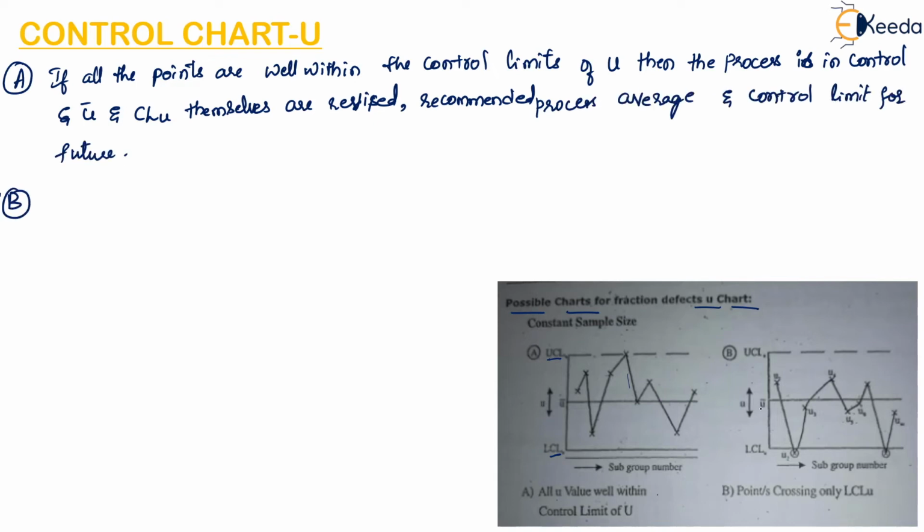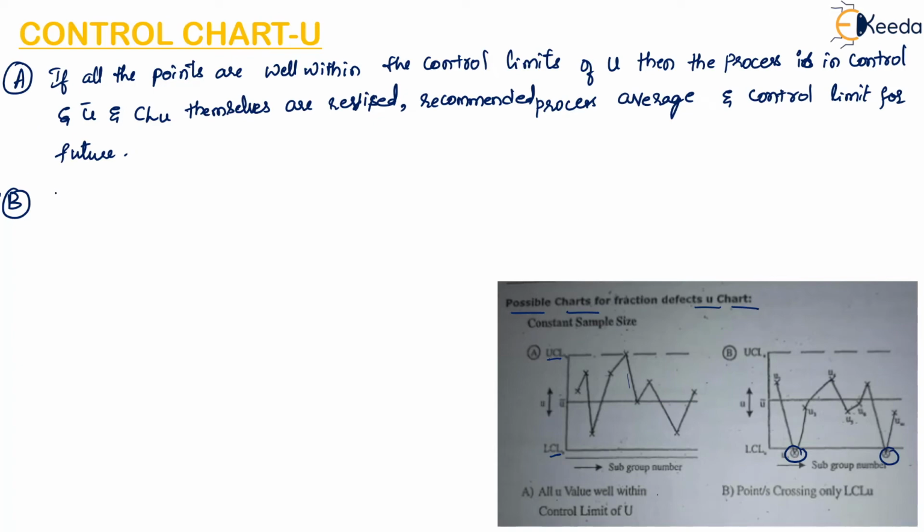Now the second figure B is showing that there are few points which are crossing the lower control limit. It indicates an improvement in the process and they should be identified and adapted in the process to improve the further quality. So here we see that there are points which are below this lower control limit.